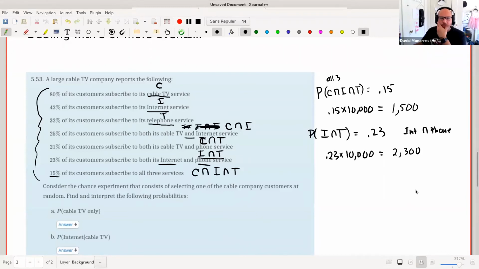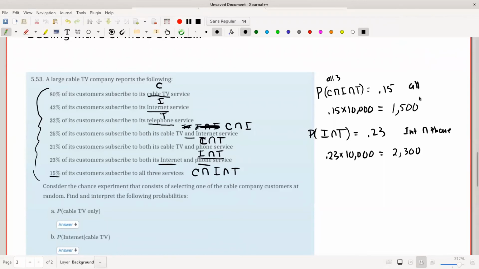I just didn't want to have to write down as many words. I'm sorry, everybody. So we have 2,300 internet phone users.